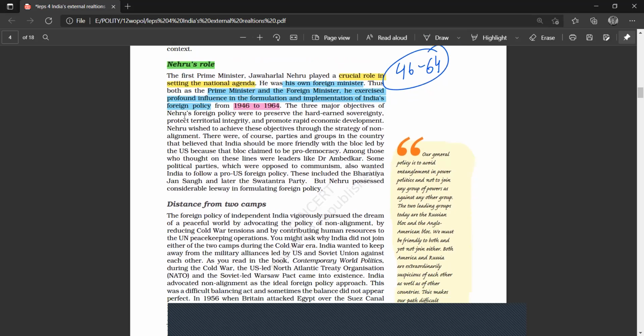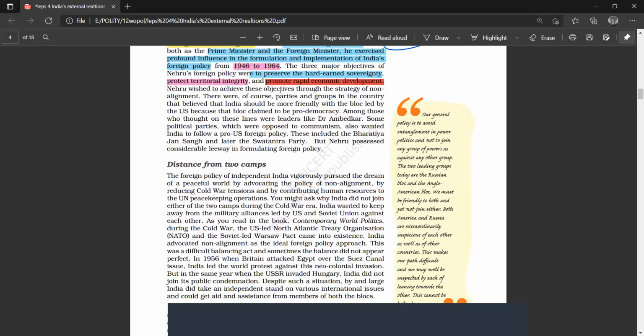The three major objectives of Nehru's foreign policy were to preserve the hard-earned sovereignty, to protect the territorial integrity, which we are doing right now, and to promote rapid economic development, which the government is doing right now. All right. Nehru wished to achieve these objectives through the strategy of non-alignment. Now, how this was achieved was through the strategy of non-alignment, and that's an important point.